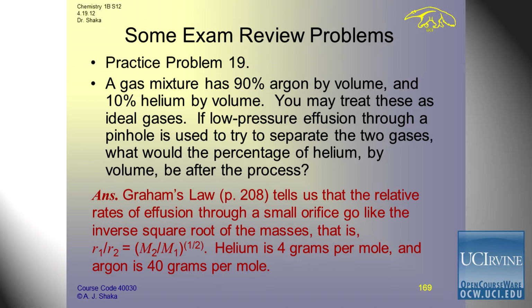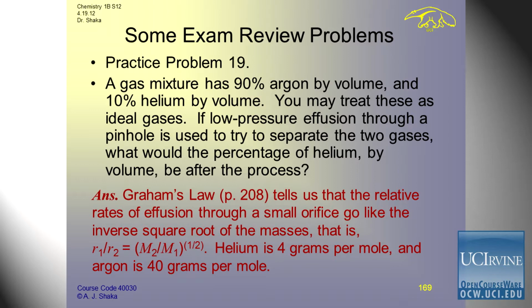Now, something to consider is that rate doesn't stay the same, right? In that first stage, we had 90% argon and 10% helium. After we've let that go through, we know that my second container has 26% helium. Why is that important? That means that in the first container, I now have even less helium by percentage than I did before. I had 10% before.